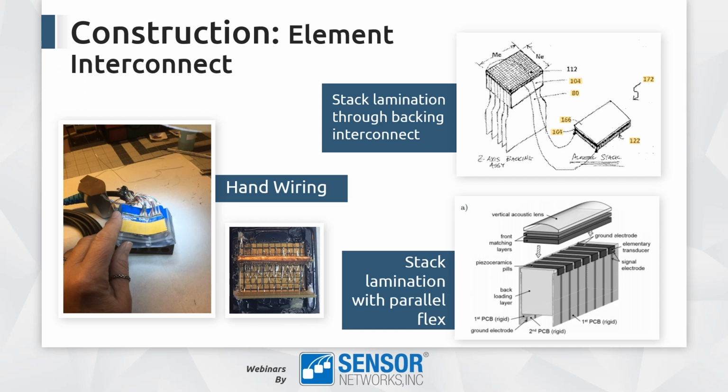However, as the pitch gets much finer, or we're doing higher volumes of arrays, the other two lamination methods become appropriate. There are really two different general themes, although they're implemented in different ways. The first is stack lamination with through backing interconnect, which is the upper right picture, and this shows an approach where the backing has actual flex circuits coming through the backing and addressing the element interconnect perpendicular to the elements.